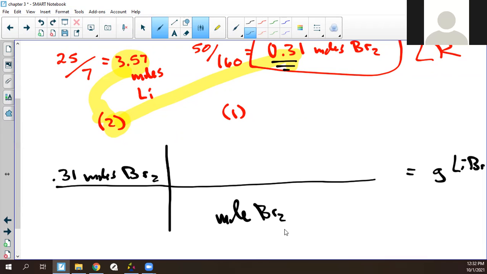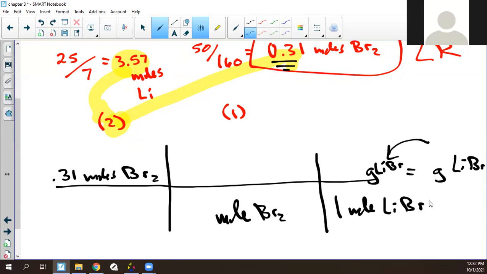Okay. Now, I have a question for you. Please look. Is there a relationship in the world that relates moles of bromine to grams of lithium bromide? No. So I must need another step right here, right? Because I have grams of lithium bromide per 1 mole of what? Now I have a question.